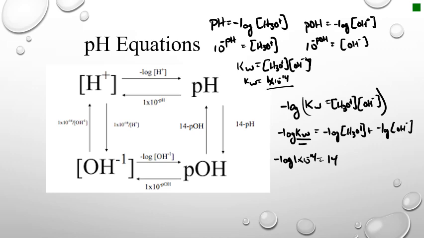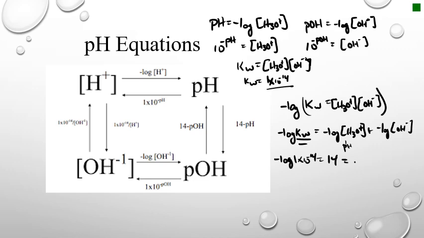So if you've ever wondered why the pH scale ranges between 0 and 14 typically, or 1 and 14 from what you guys typically have heard, it's because of that Kw always equaling 1 times 10 to the minus 14th at 25 degrees Celsius. So that's my negative log of the Kw, and I can set that equal to the negative log of the H3O plus, which by definition is your pH.